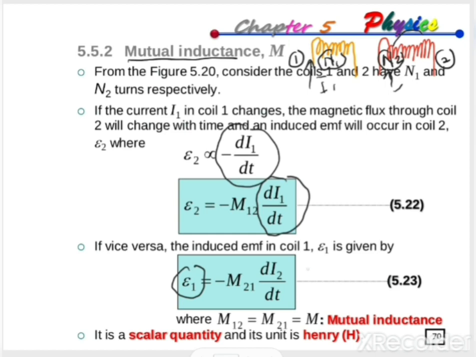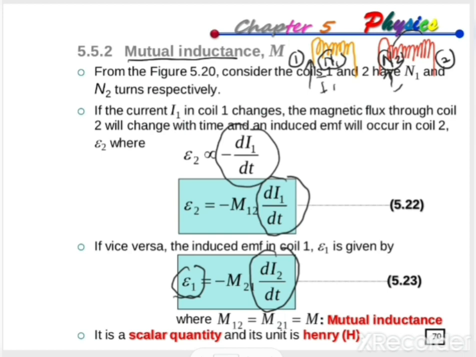For the induced EMF in coil 1, we get EMF1 equals negative M21 times the rate of change of current in coil 2, where we know that M12 is equal to M21, and M is the mutual inductance.